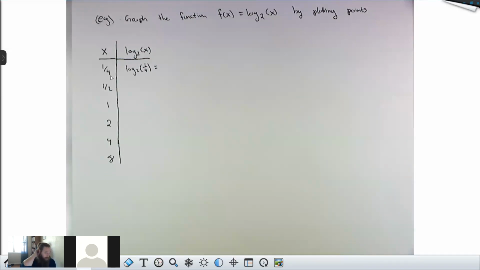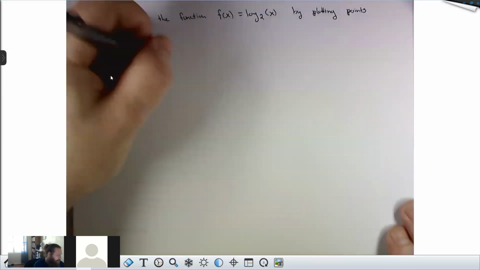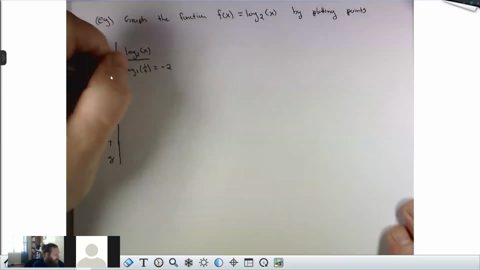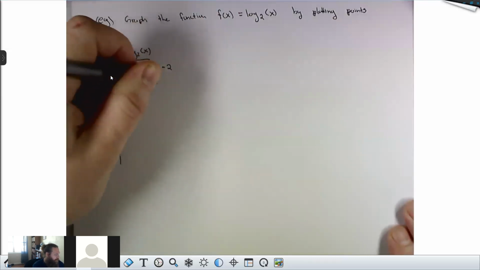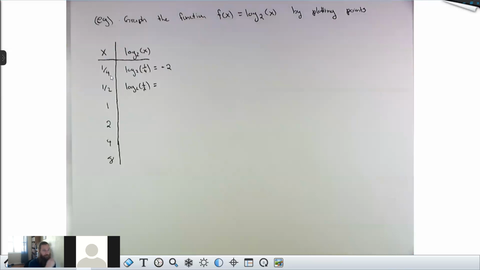Very good, -2. All right, what is the base 2 log of 1/2? To what power must I raise 2 in order to get out 1/2?